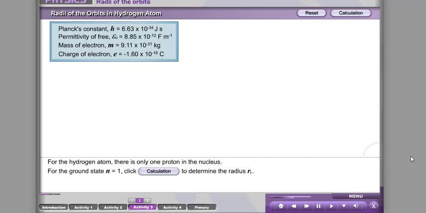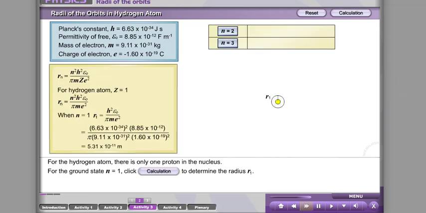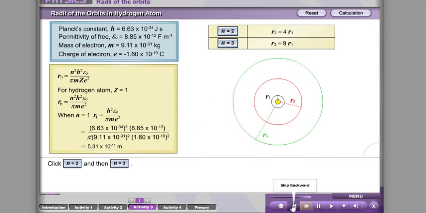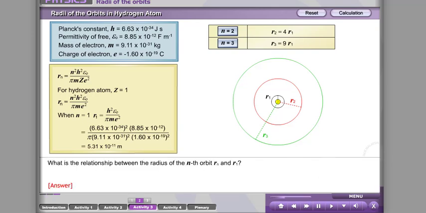For the ground state n equals 1, click the calculation button to determine the radius R1. Click the n equals 2 button and then the n equals 3 button. What is the relationship between the radius of the nth orbit Rn and R1? Answer: Rn equals n squared R1.